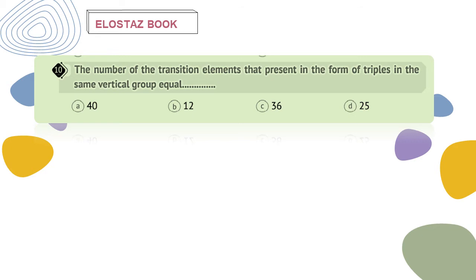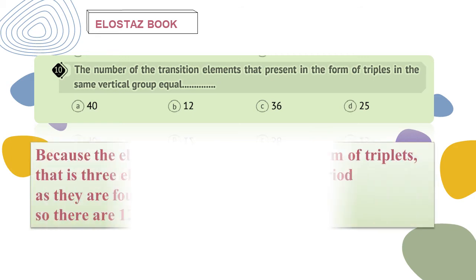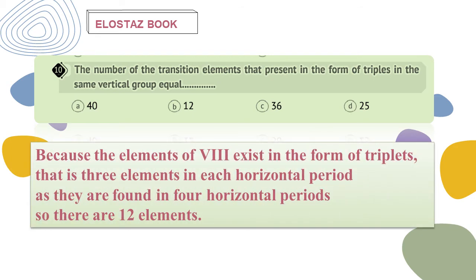If we discuss the elements that we have here, transition elements in the presence of triples. Triples means that we have three columns collected together in group VIII, existing in the form of triples. Three elements in the horizontal period, as they are found in four horizontal periods, so there are three columns and four periods.